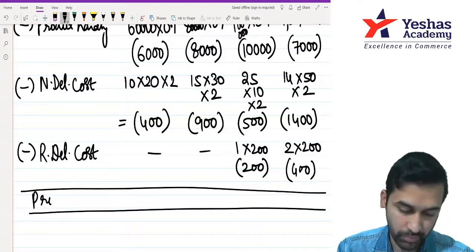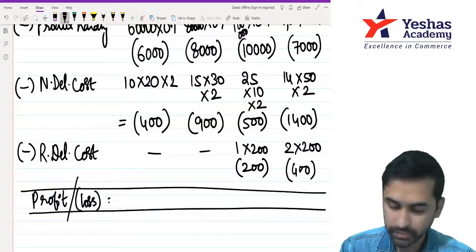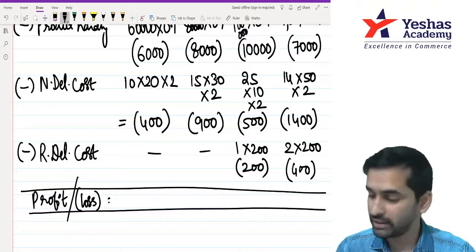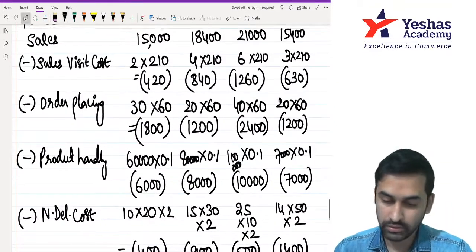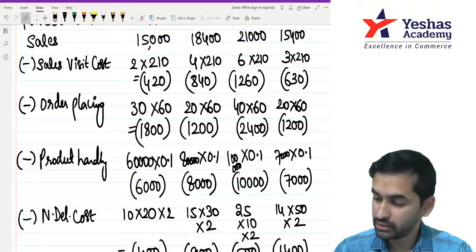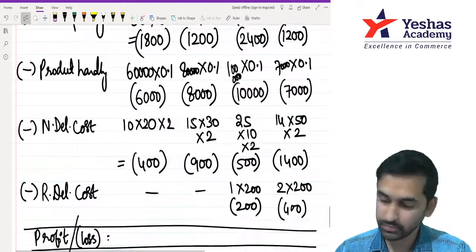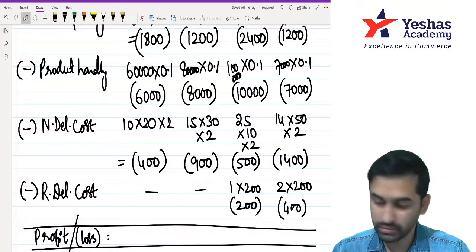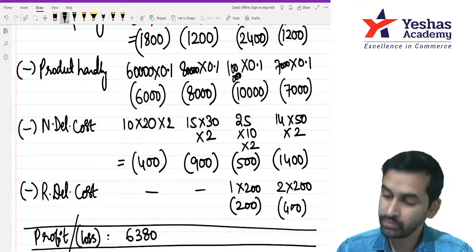This will give you profit or loss. Now just a simple calculator work. Let me do it. 15,000 minus 420 minus 1,800 minus 6,000 minus 400. 6,380 profit.